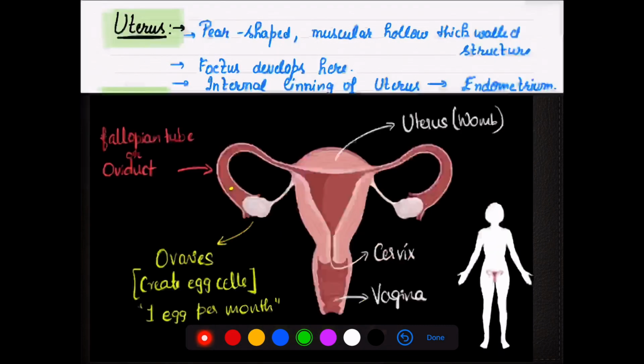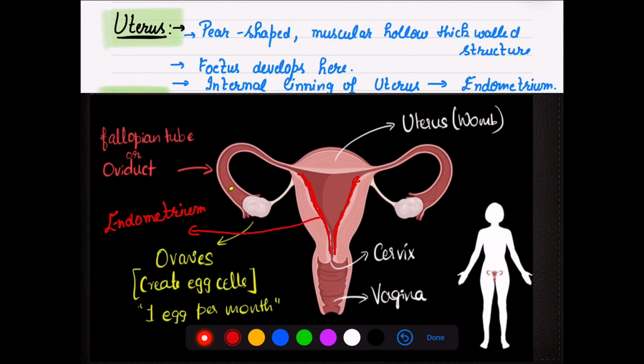Now this is the uterus, and it is pear shaped, which is also known as the womb, right? It is pear shaped, muscular, a thick-walled structure, and it is the place where the fetus develops. The internal lining of the uterus, the thick lining of blood vessels, is known as the endometrium.